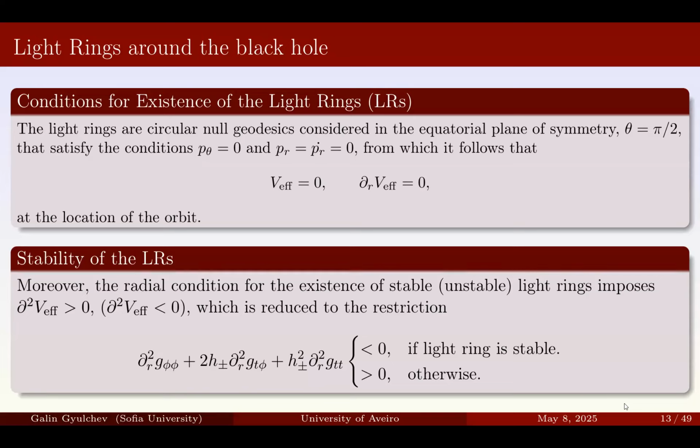Here, in order to explain what is happening, if we introduce the effective potential of the photons and apply the same restrictions of potentials, we can obtain the general equations which will give us some information on where in this space-time there are stable or unstable circular orbits of photons around the object.